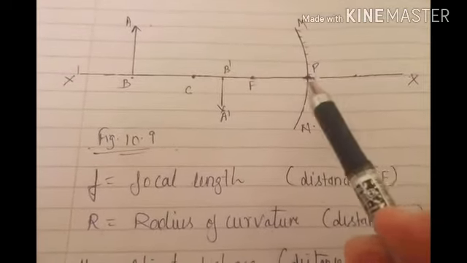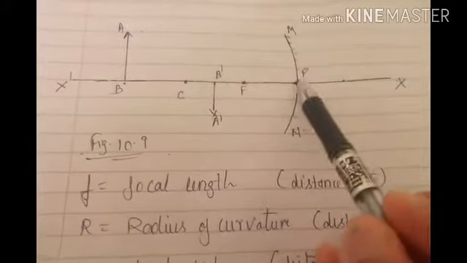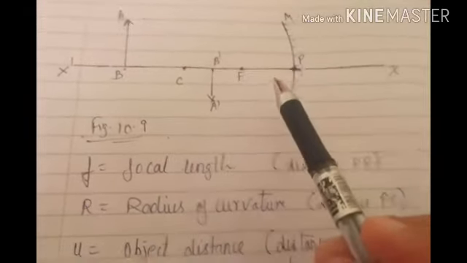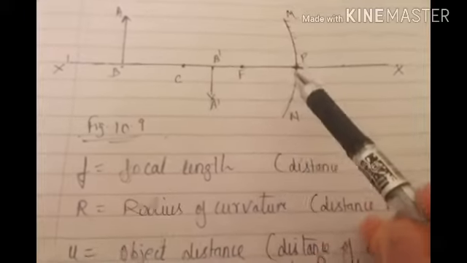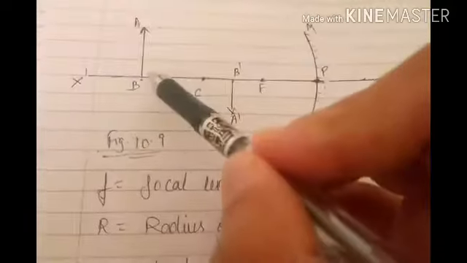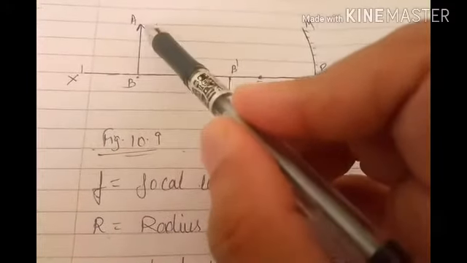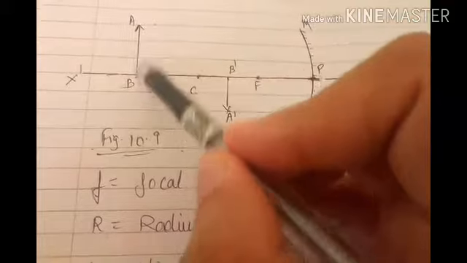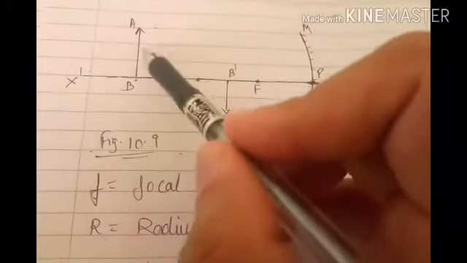Now the third point of sign convention: all the distances measured to the right of the origin are taken as positive, while those measured on the left hand side are negative, that we have just seen. The fourth point is distances measured perpendicular to and above the principal axis are taken as positive.